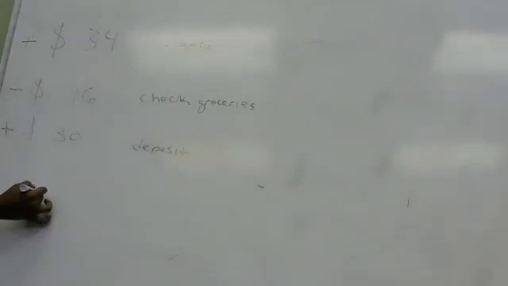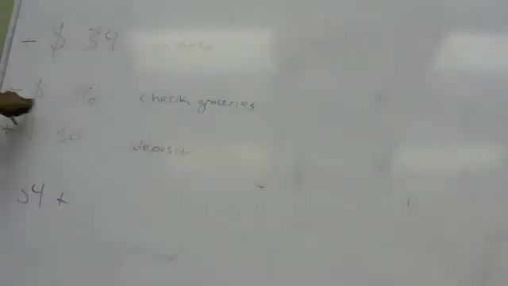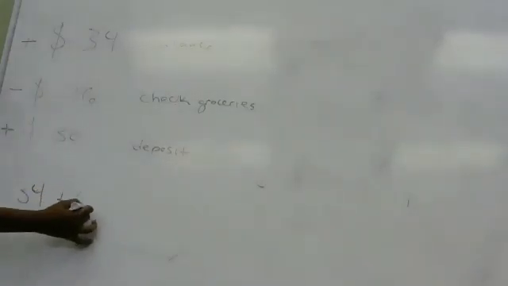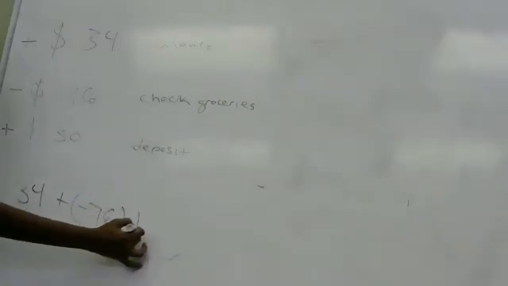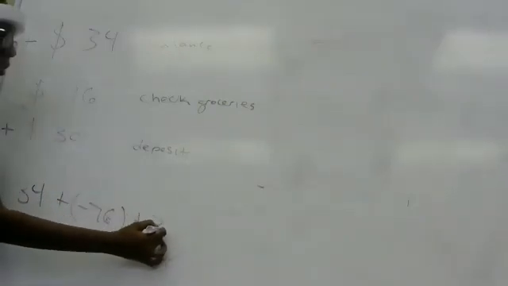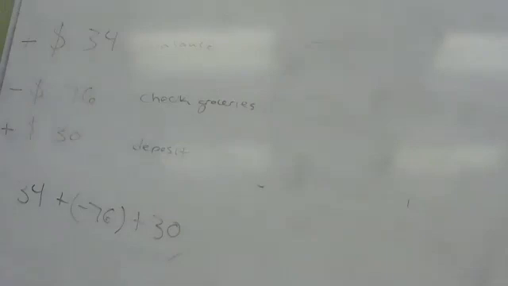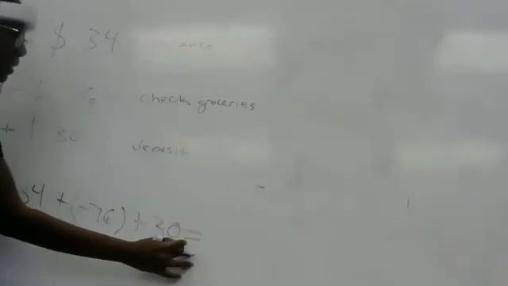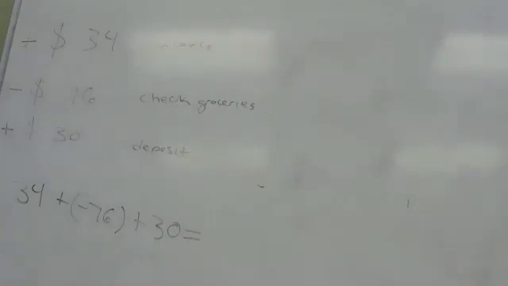So we have positive 34 plus negative 76 plus positive 30. Let's follow the order of operations.